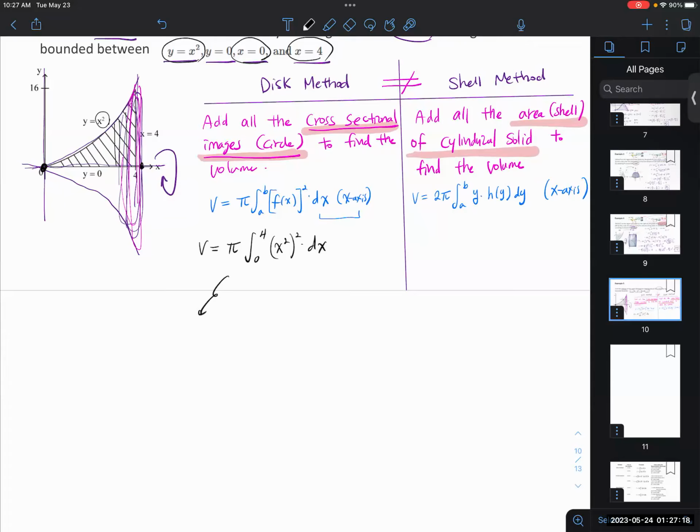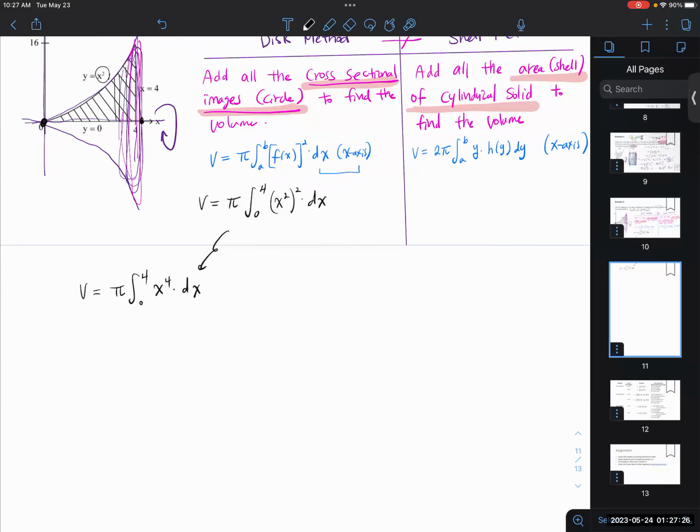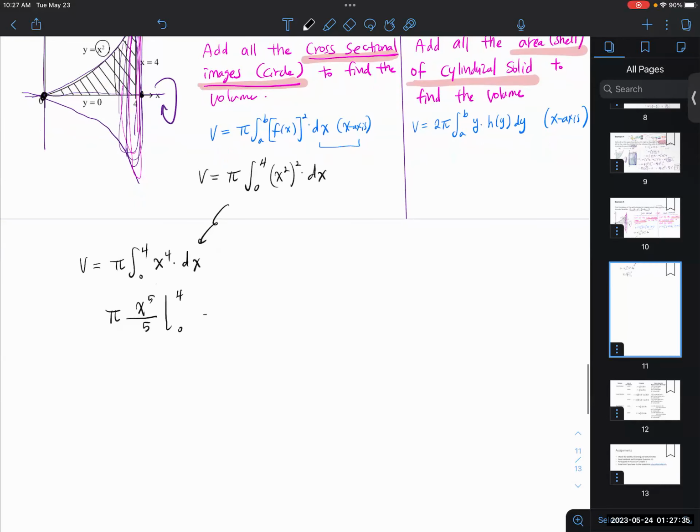So here, V equals pi integral from 0 to 4 of x to the 4th dx. Now I take the integral: x to the 5th over 5, times pi, from 0 to 4. So we're going to do 4 minus 0, basically pi over 5 times 4 to the 5th.